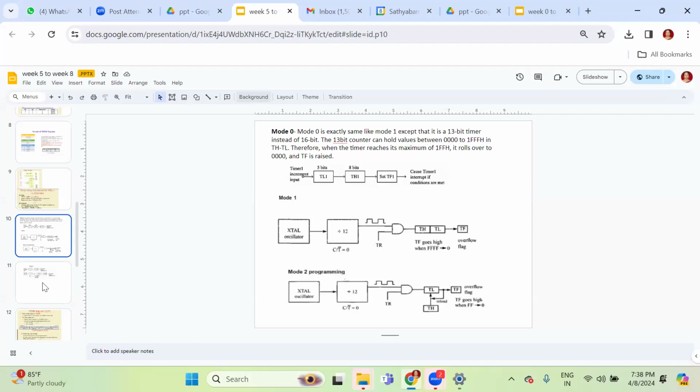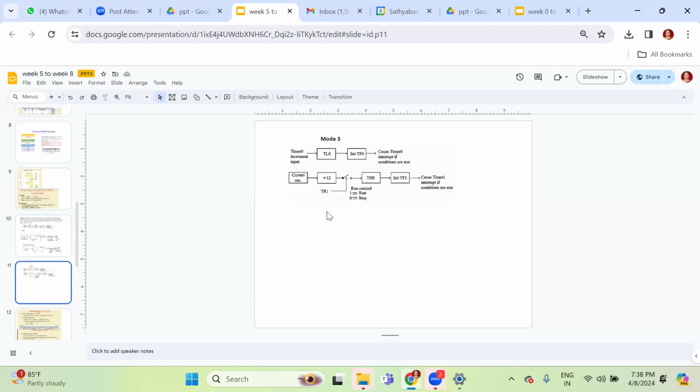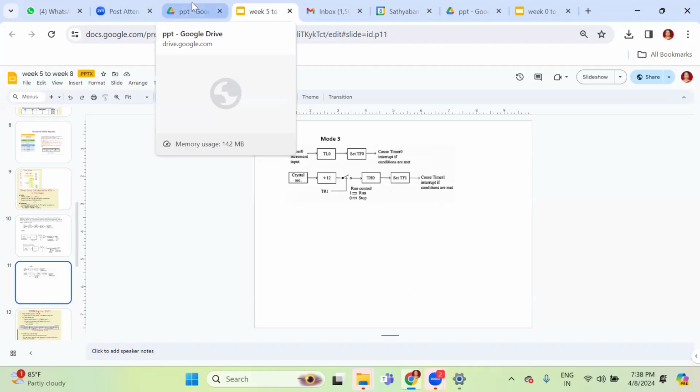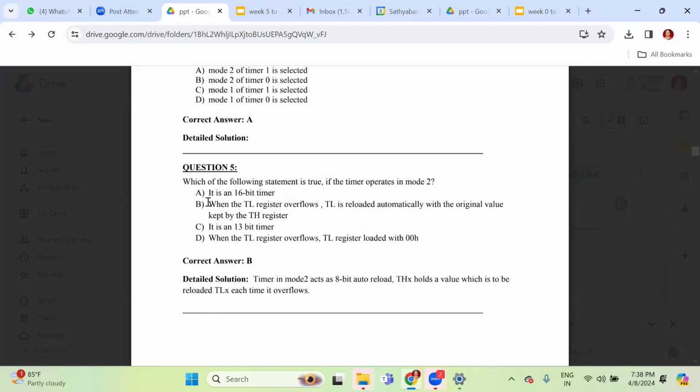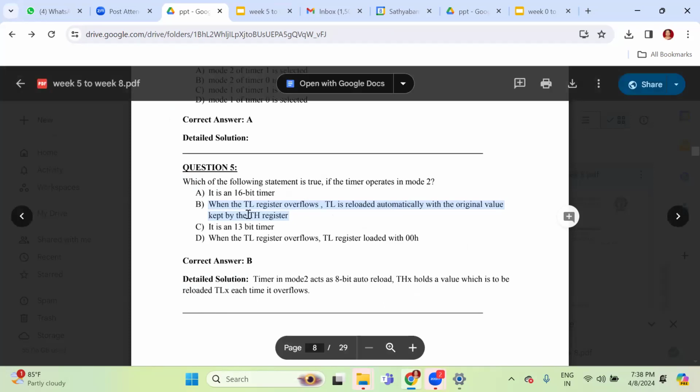And mode 3 also, we have been using TH0; this is also an 8-bit timer. In mode 2 operation, the TL register overflows and TL is reloaded automatically with the original value by the TH register. We have seen that.